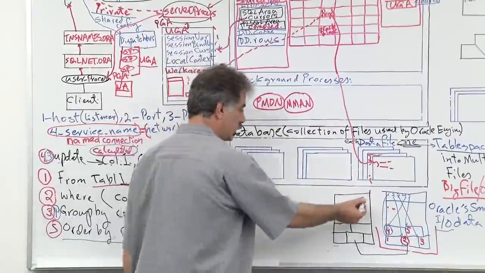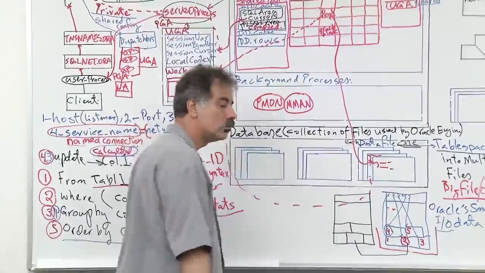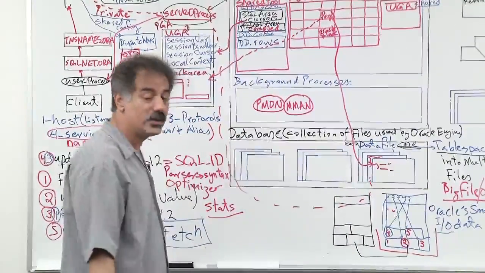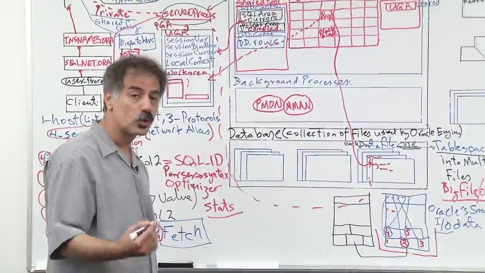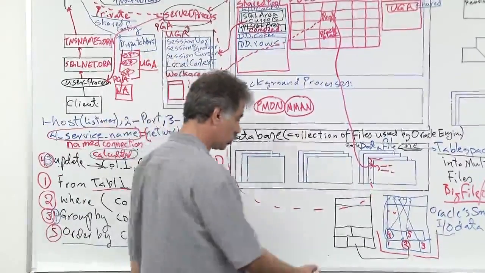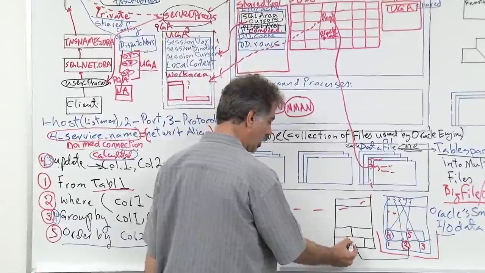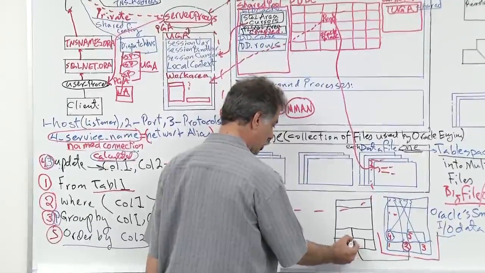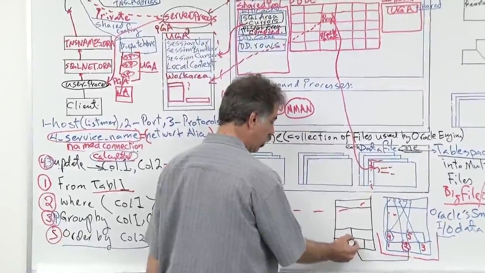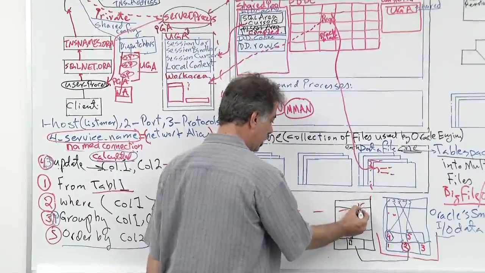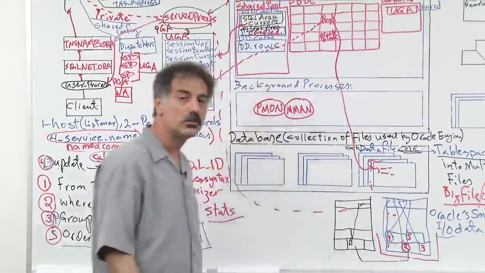So now, this becomes my new block. And as you all know, we do row level locking. Since this row was changed, a lock is enabled. And when a lock is enabled, all that locking information is then up here in the header of the block.